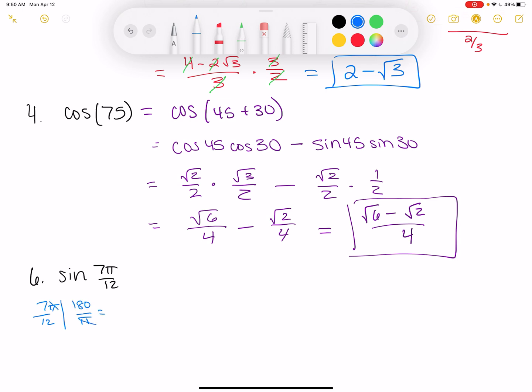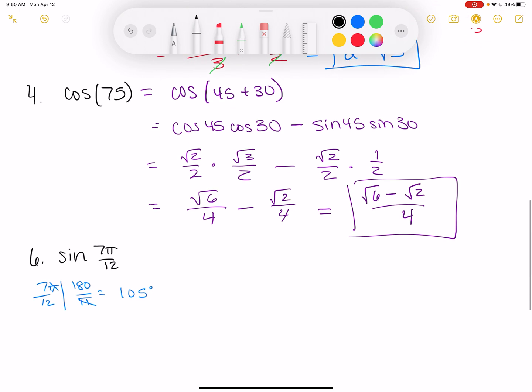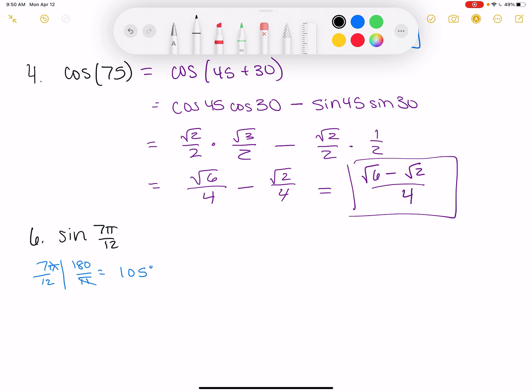The pi's are going away. I'm just going to tell you, this is 105 degrees. Good job.